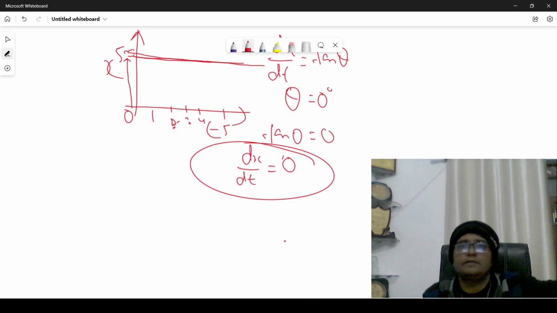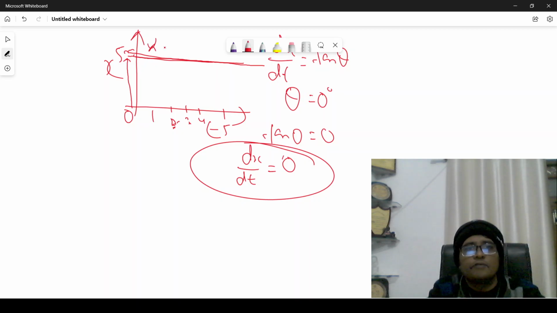Some people think that this graph is like a road, and it is going with a constant velocity like this. We can say that no, it's not like that. It's wrong. So here we can say that the body is stationary.